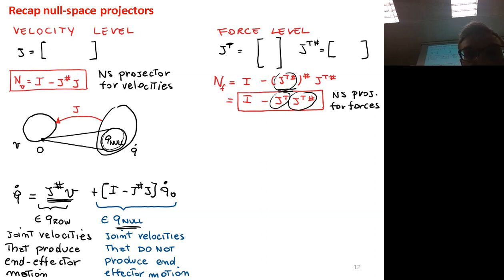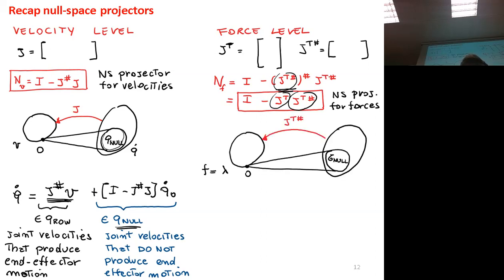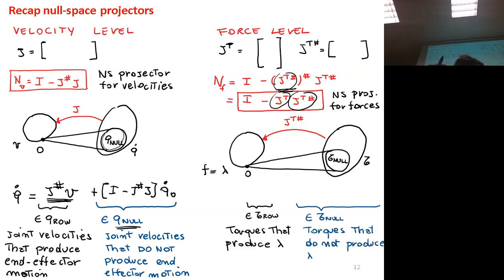So the shape of the null space projector formula is the same. It's just that we have this simplification, and in this case the domain is the torques, and we map the torques into the end effector with the Jacobian transpose pseudo inverse, and with the Jacobian transpose we go back from the end effector to torques.